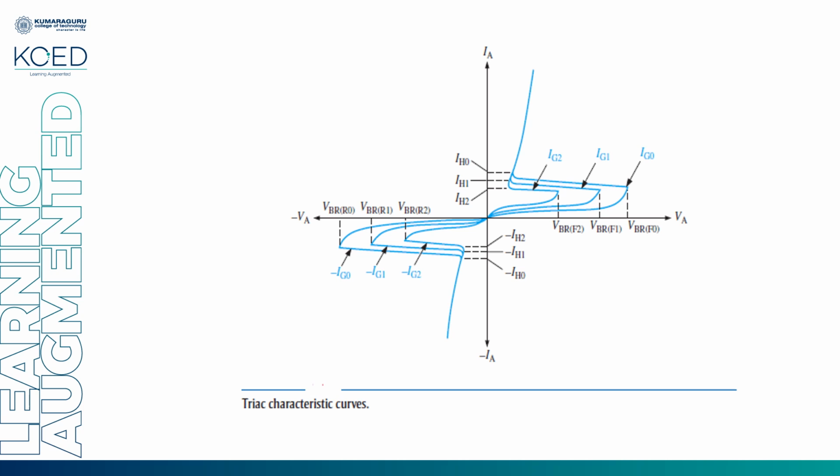This graph shows how a change in gate current or change in control current will lead to a change in breakover voltage in case of forward bias as well as reverse bias.